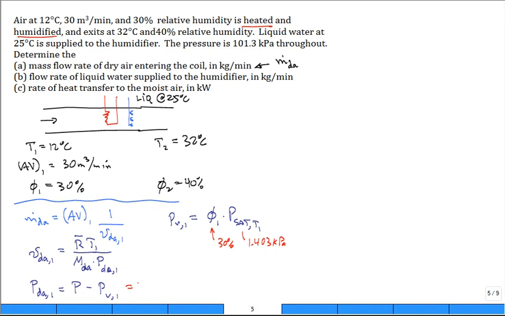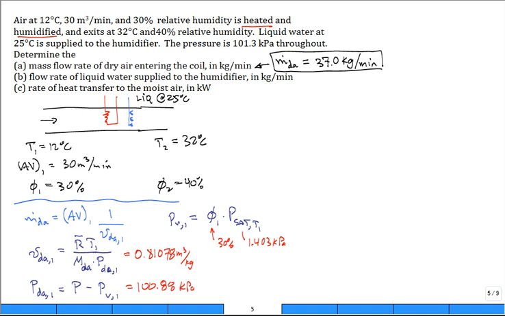It's 100.88 kilopascals. You get the specific volume of the dry air, 0.81078 meters cubed per kilogram. And then finally we get the mass flow rate of the dry air. I'm going to put the answer up here so I can box it. It's right at 37.0 kilograms per minute.